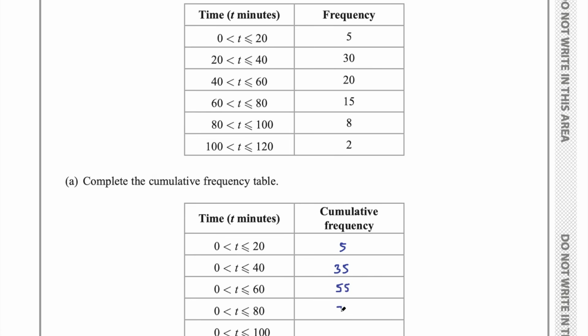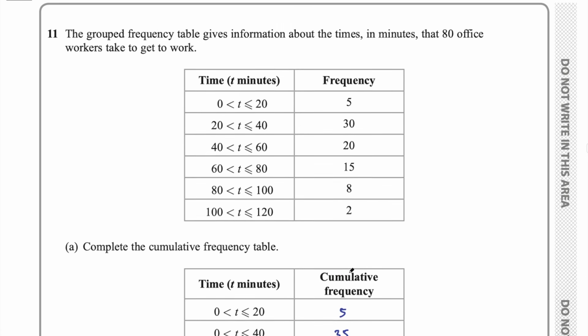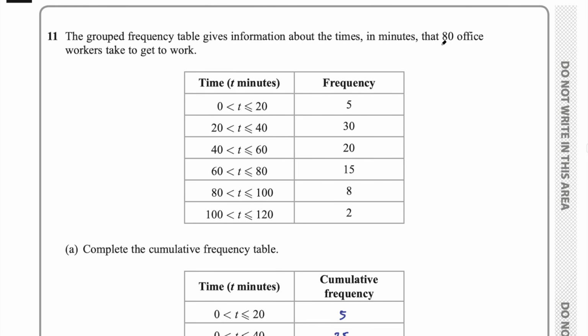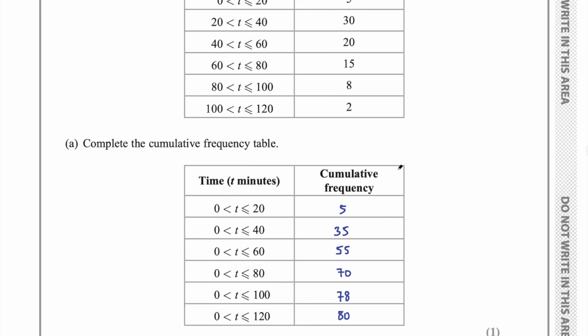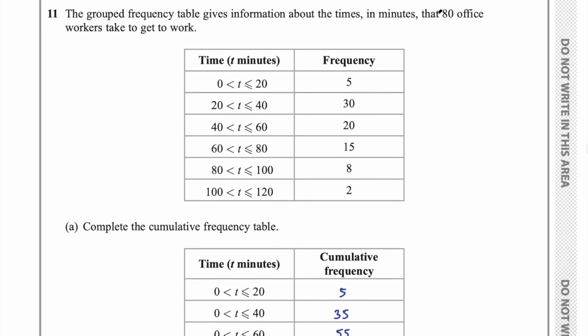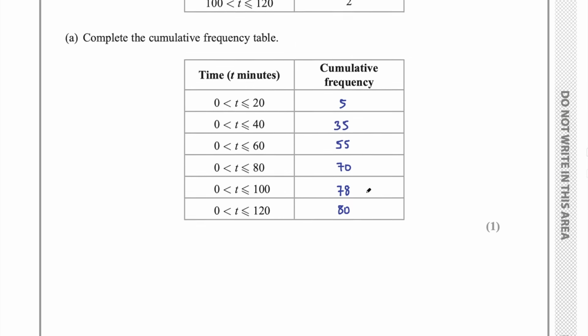That's 70, and then we add 8 onto 70, that's 78, and then 2 onto 78 is 80, and you should of course always end on the same number as the total frequency in the problem. So if I ended on 81 or 79, I would know I've made a mistake somewhere. But because I end on 80, I'm fairly confident that I've got them all correct. Okay, so that was part A.